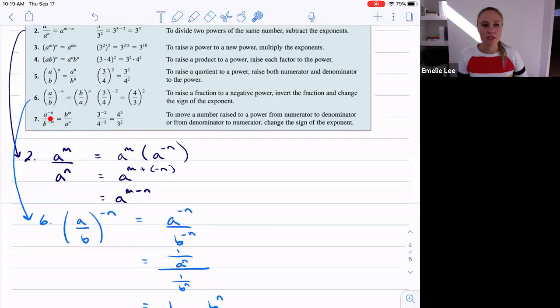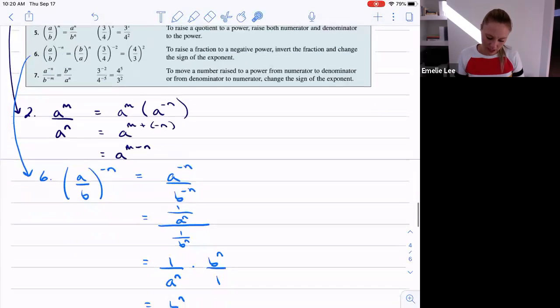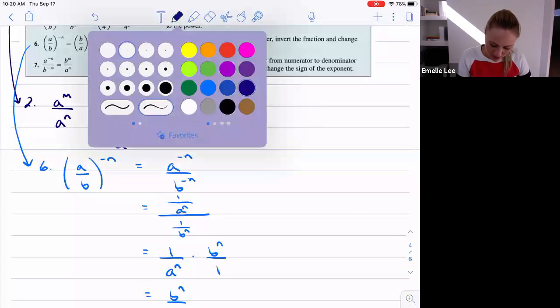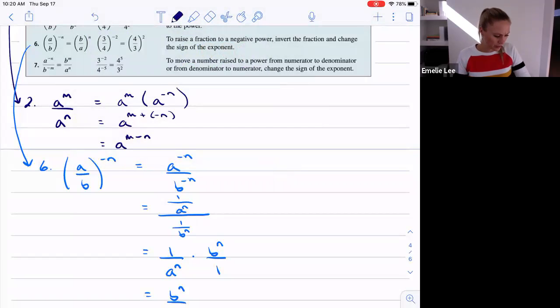You would rewrite this as 1 over a to the n, and then over 1 over b to the m. And maybe go through and do that one on your own and make sure that you've got the mechanics, and that you end up at b to the power of m over a to the power of n. Okay? But we'll leave that one to the reader, as the textbooks always say.